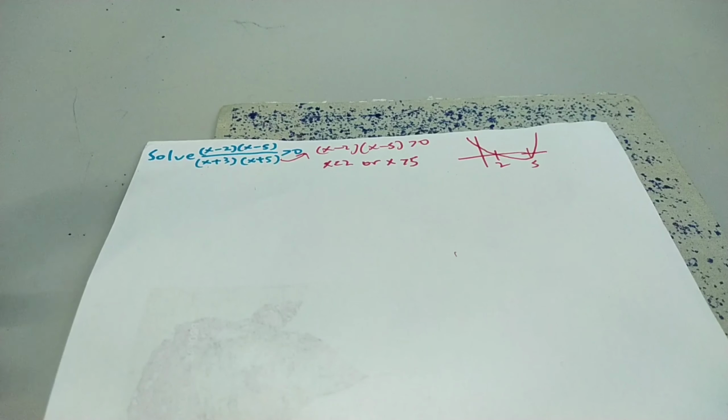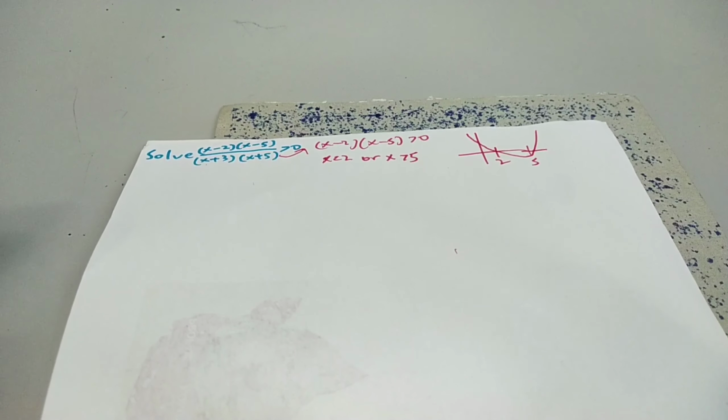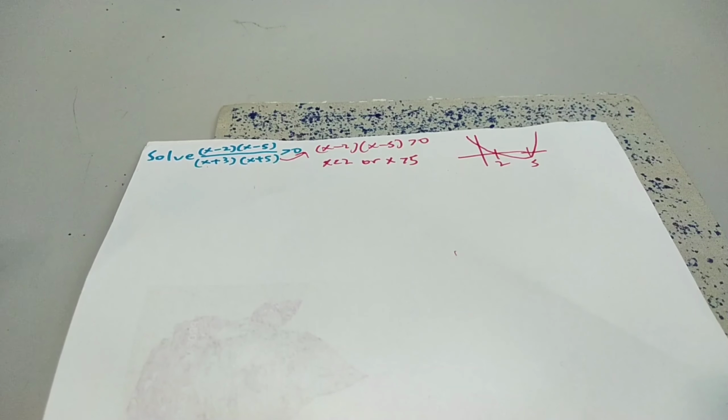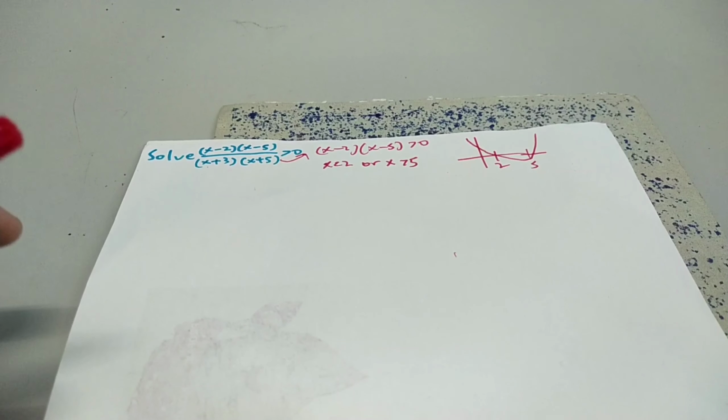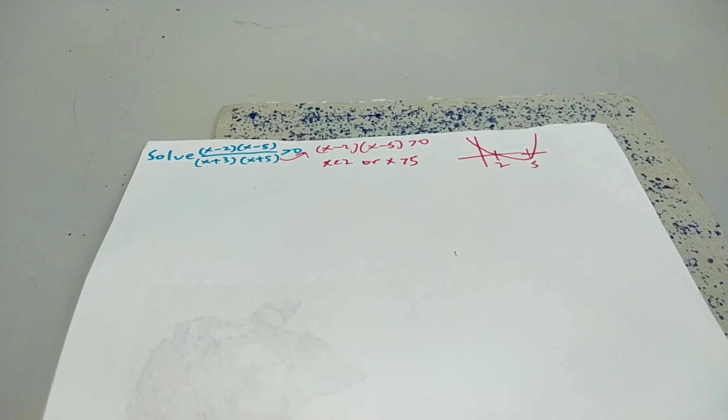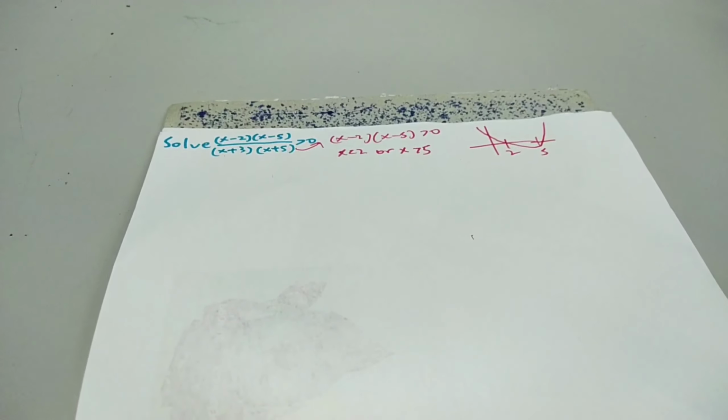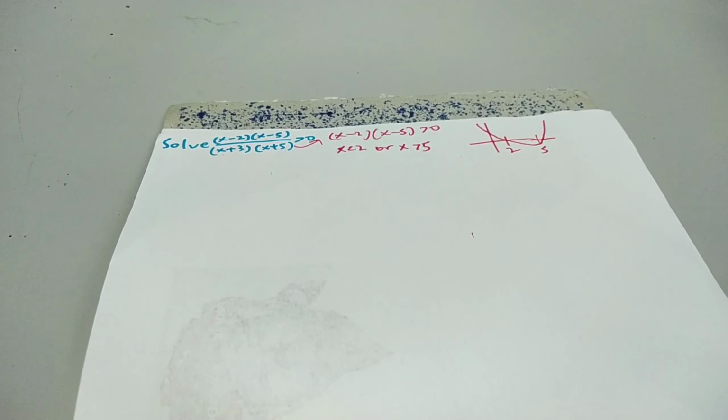So how are we going to solve this rational quadratic inequality when we literally cannot multiply or divide the bottom part? So here are the two methods. So now this is the first method.